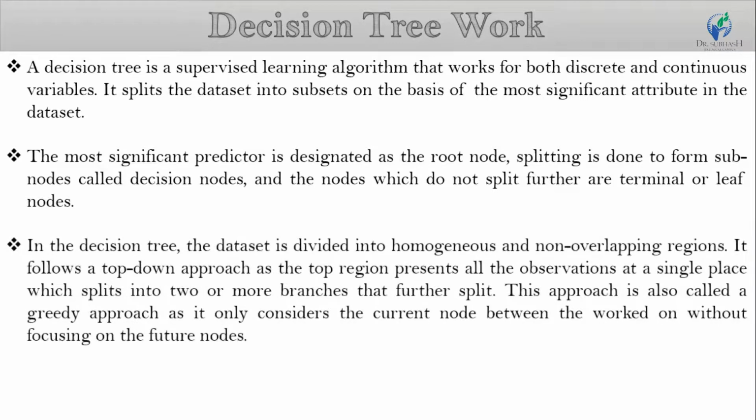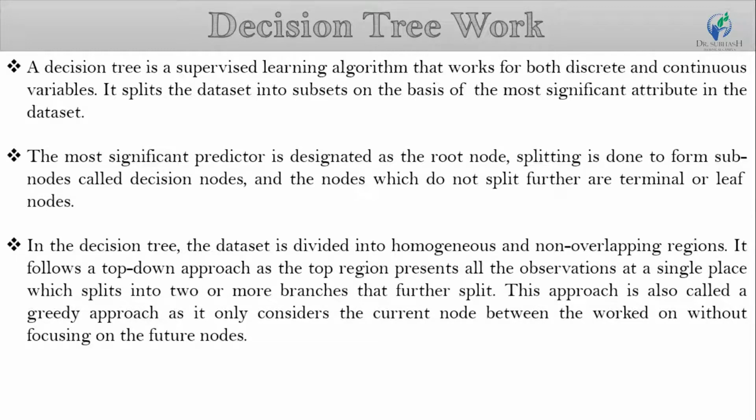In the decision tree, the dataset is divided into homogeneous and non-overlapping regions. It follows a top-down approach as the top region presents all the observations at a single place, which split into two or more branches that further split.